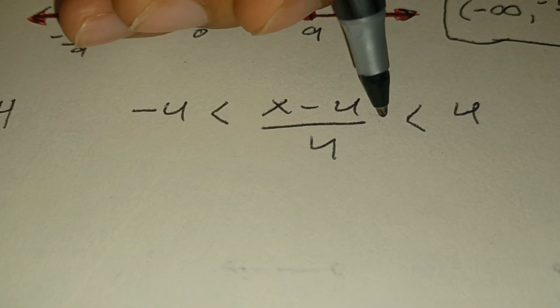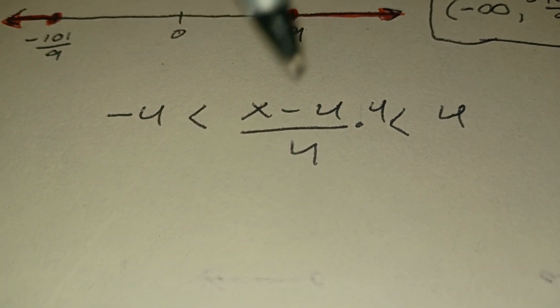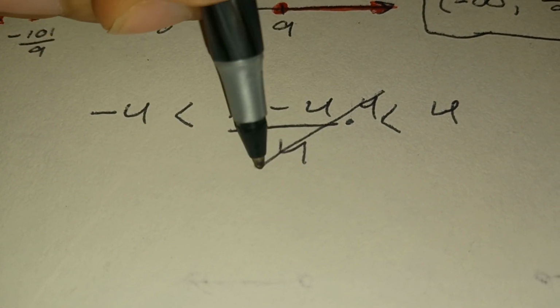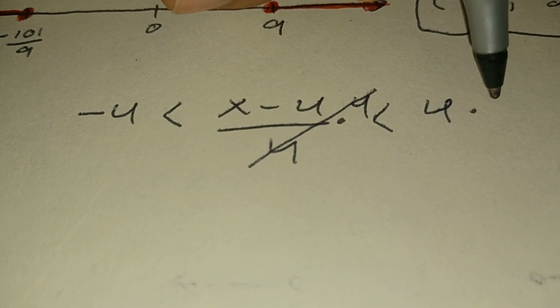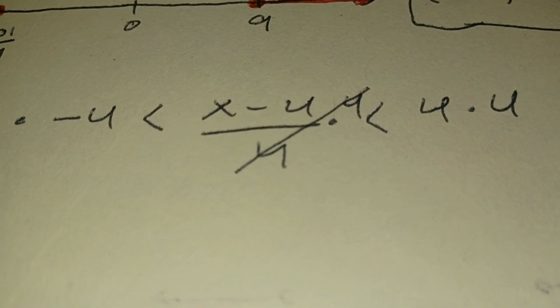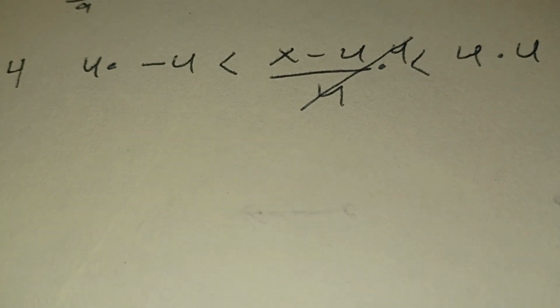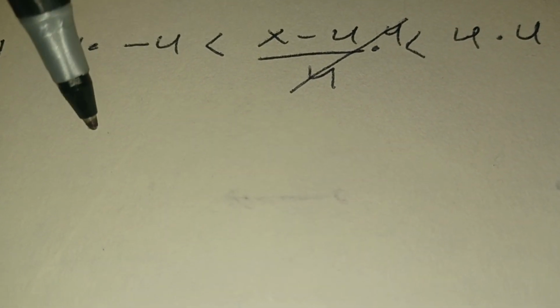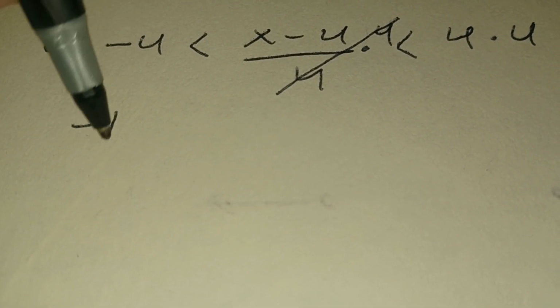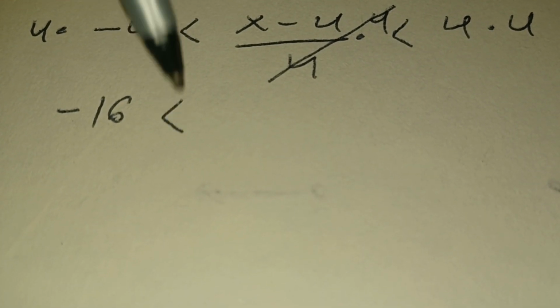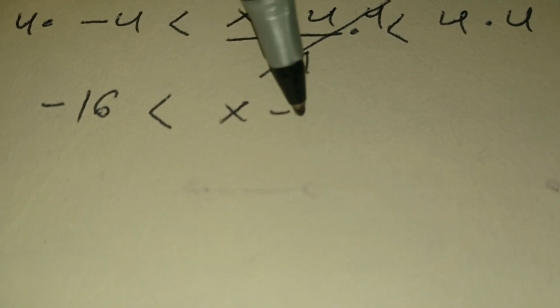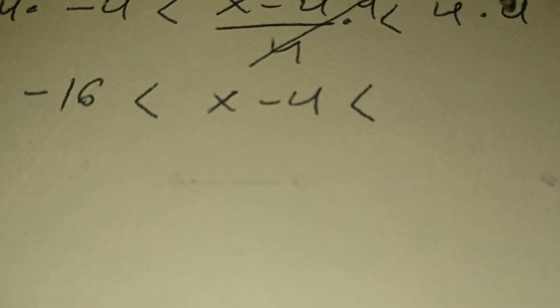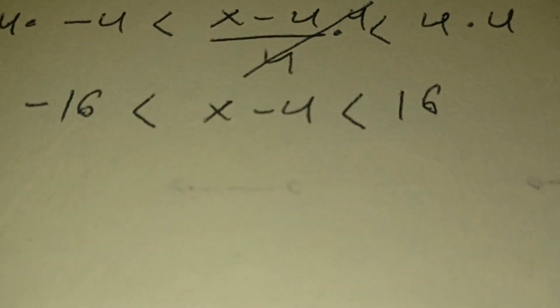In order to do that, we multiply by 4 because it's being divided by 4. This cancels out. So now we multiply by 4 on every side, because what you do to one side, you do to the other side. 4 times negative 4 is negative 16, x minus 4, and 4 times 4 is positive 16.